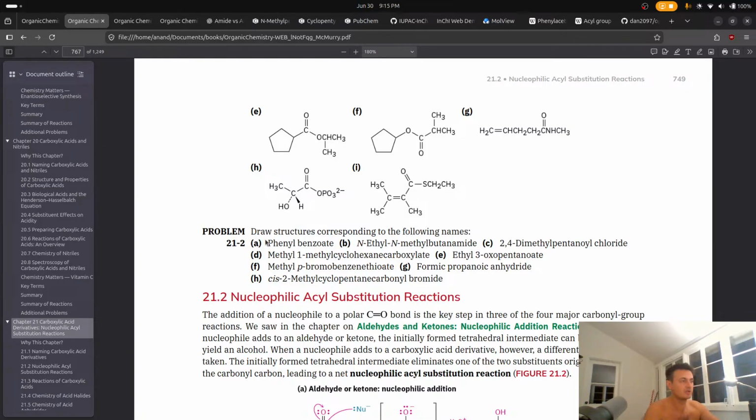It's hard to check your work when you draw. Oh, I know what it is. It's just going to be phenyl. This is phenylbenzoate. That one's easy.